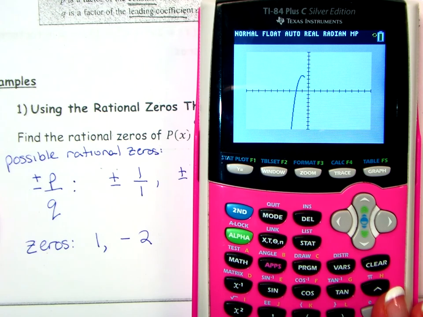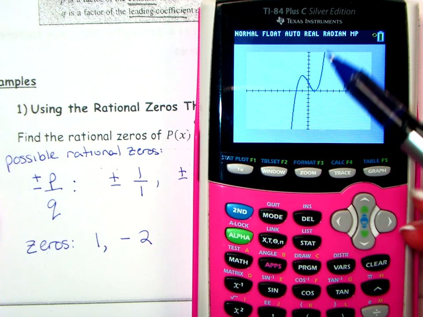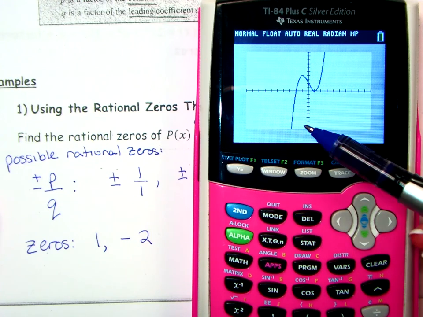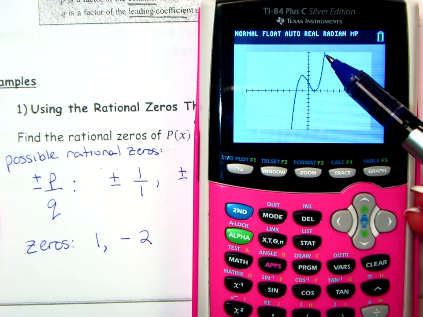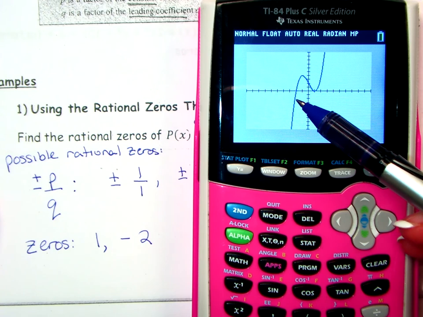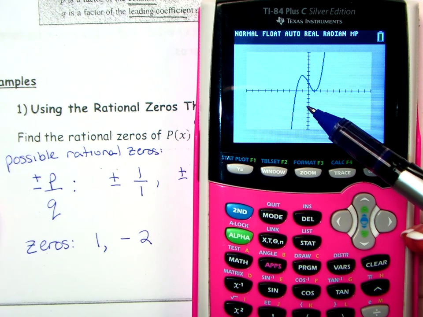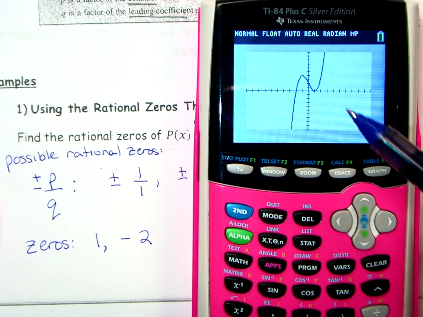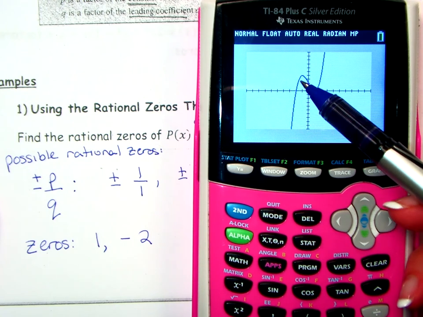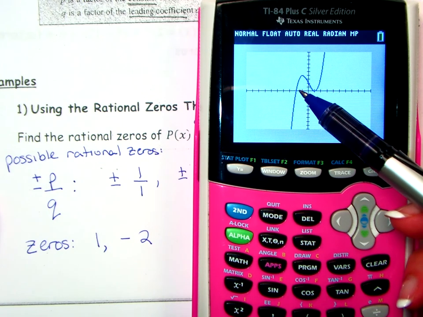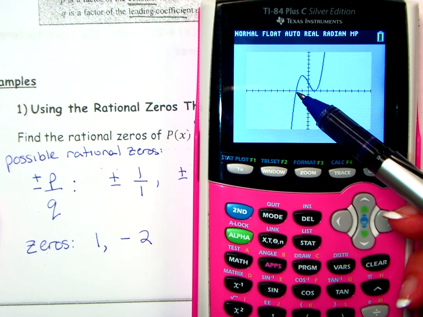Here comes the polynomial. Notice we can tell it's a cubic because the end behavior is opposite, and it has a positive leading coefficient because it's going up. And here are the zeros, -2 and 1. So how can we tell whether it's a zero of multiplicity? Well, if it crosses the graph, it's odd multiplicity, meaning it's probably just multiplicity 1.